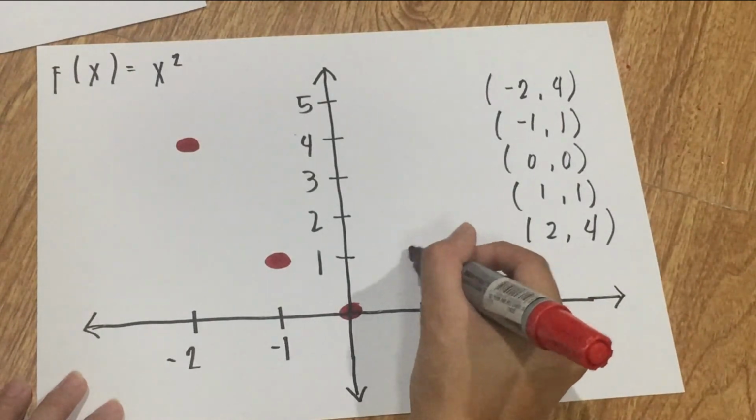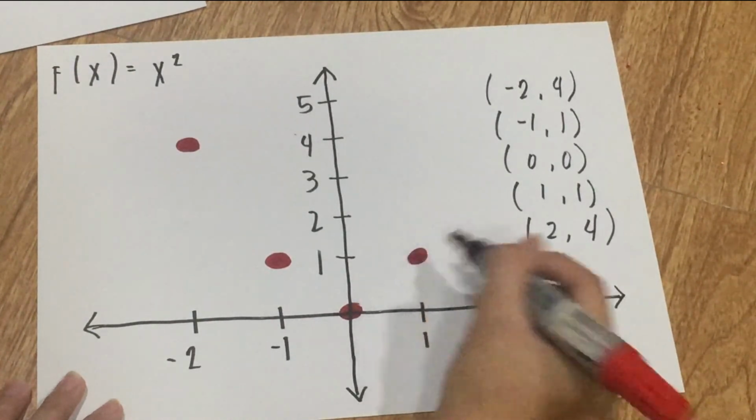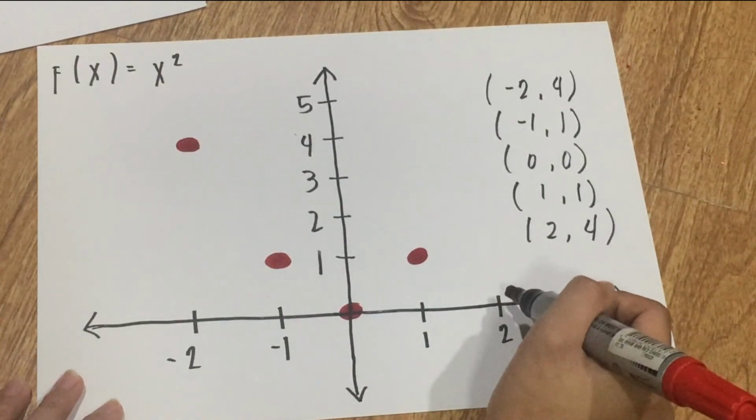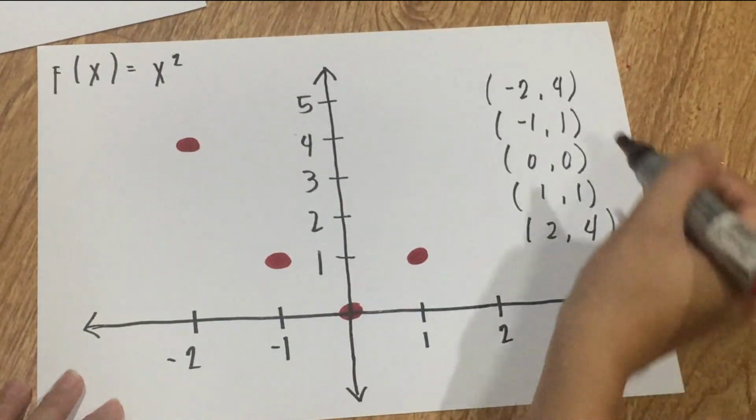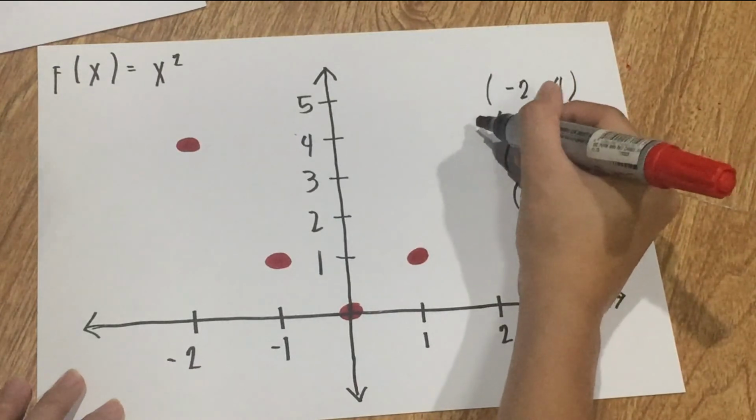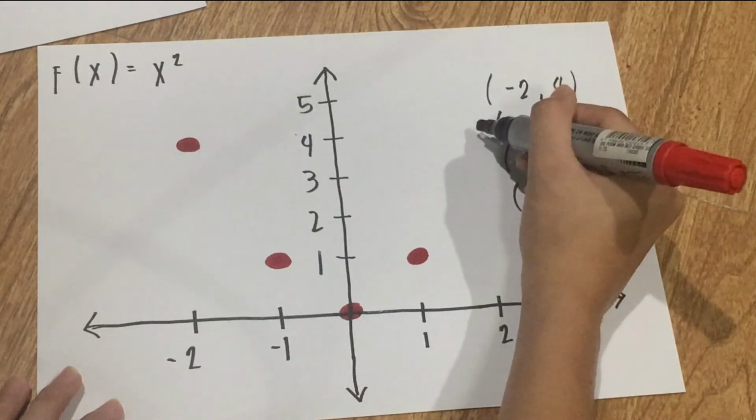Here, positive 1 and 1. And the last is the 2 and 4, same as the negative 2.